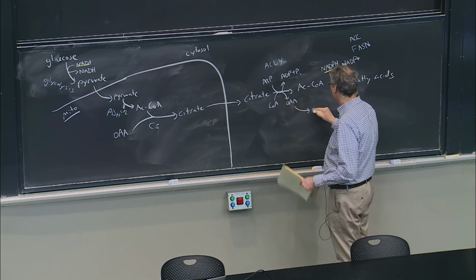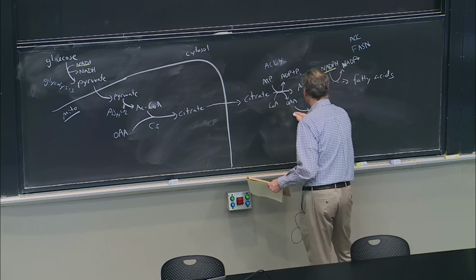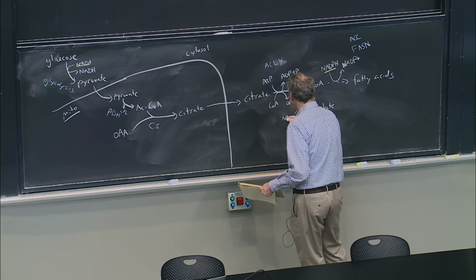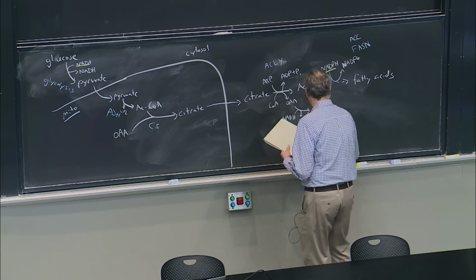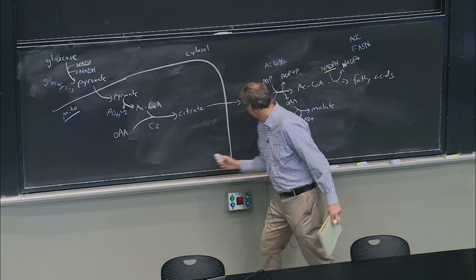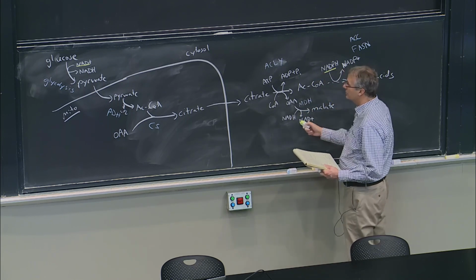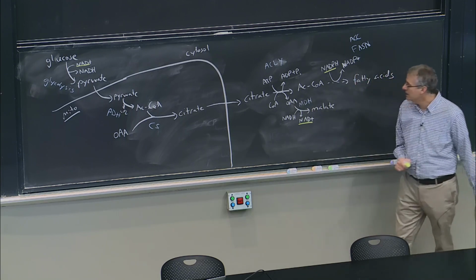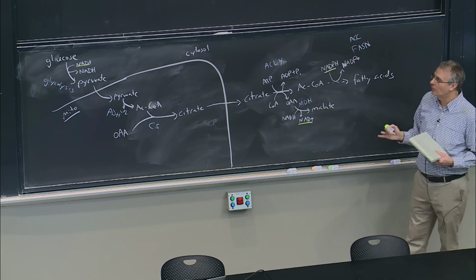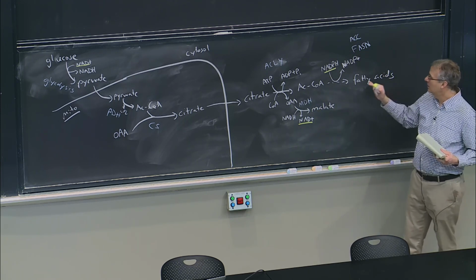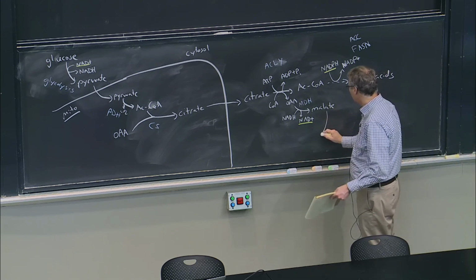So if we take oxaloacetate and make malate, okay, this is our malate dehydrogenase reaction. I've now regenerated the NAD+ I need in the cytosol to keep that carbon flowing in from glucose to make acetyl-CoA. All right, now I have malate.